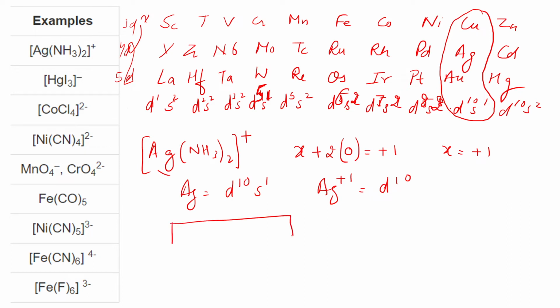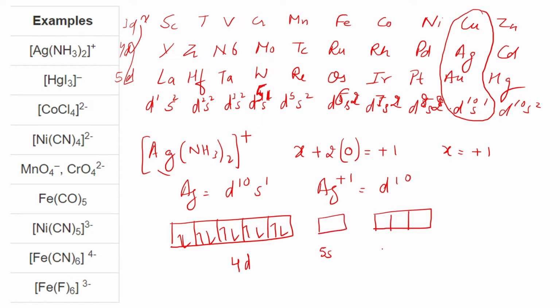Fill the orbitals, 1, 2, 3, 4, 5, 6, 7, 8, 9, 10. 4d is completely filled, 5s is empty, and 5p is empty.